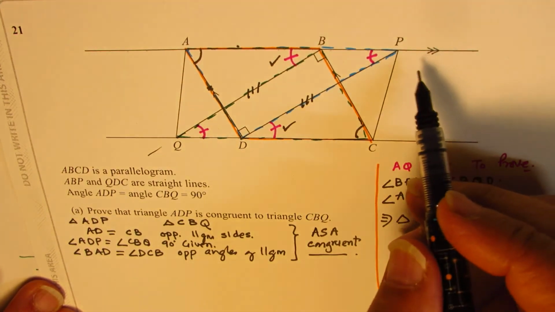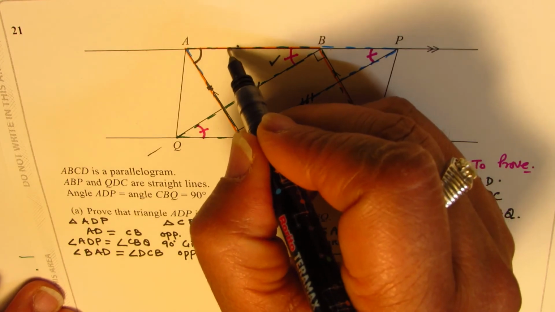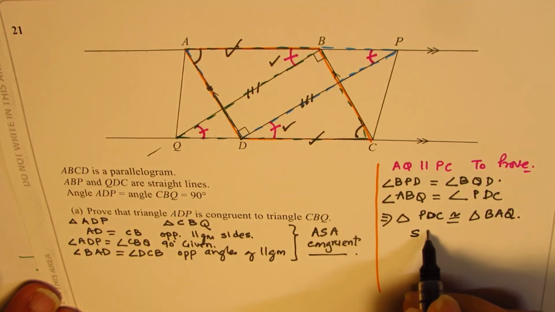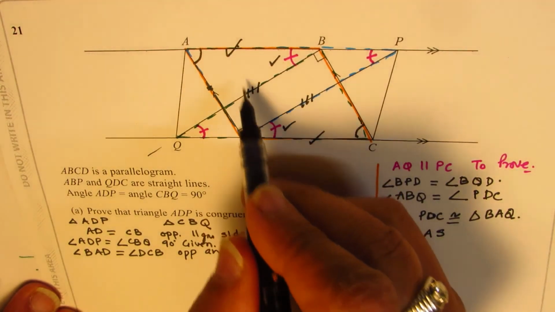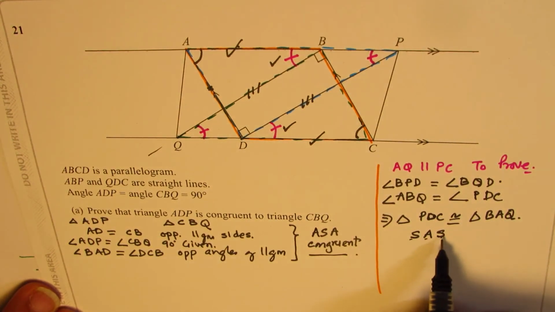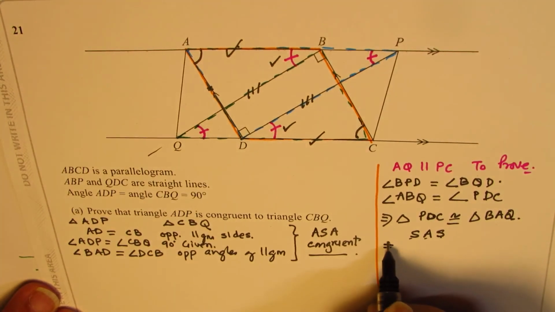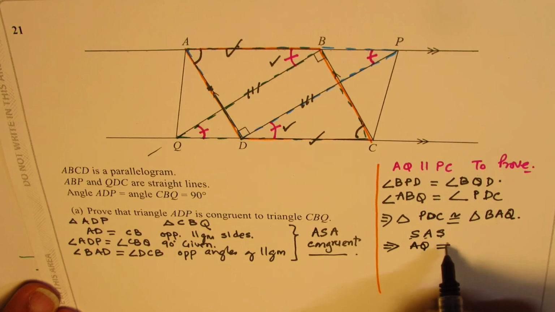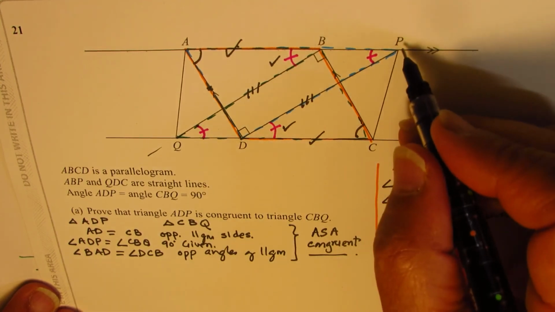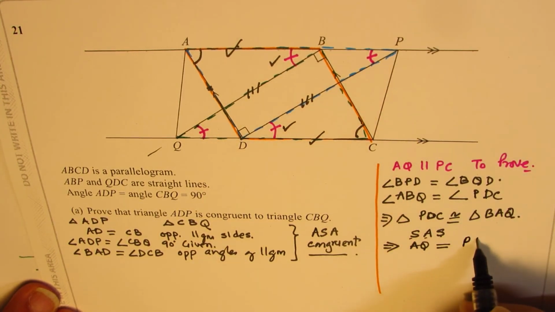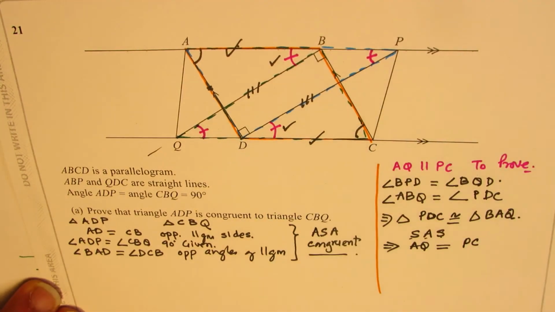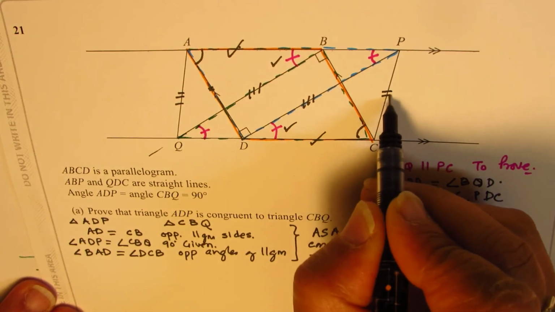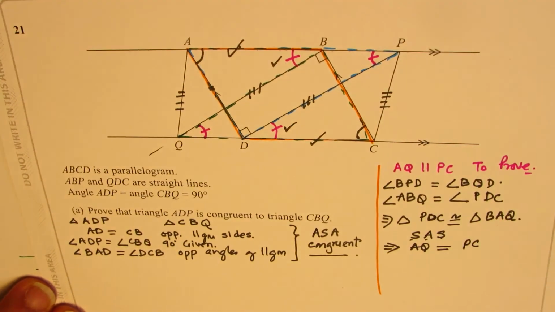So angle, and then we also know that these sides are equal, right? So we have side, angle, side. So those we have already shown earlier. So side, angle, side, these are congruent, and that implies that AQ is congruent to or equal to PC. Right? So AQ and PC are also equal. So these sides are also, let me make 4, they are also congruent.